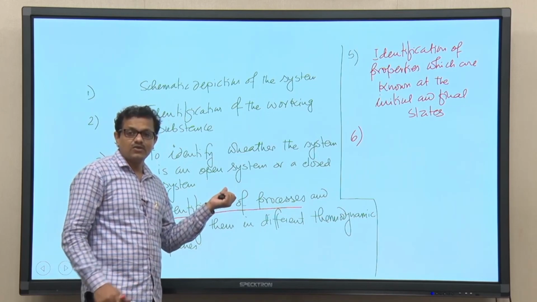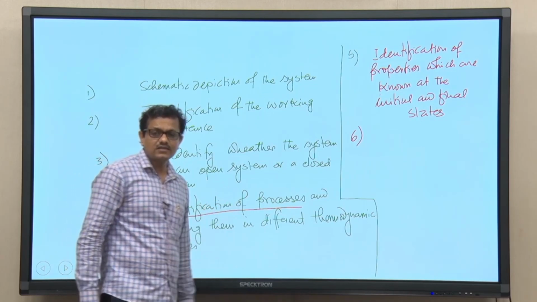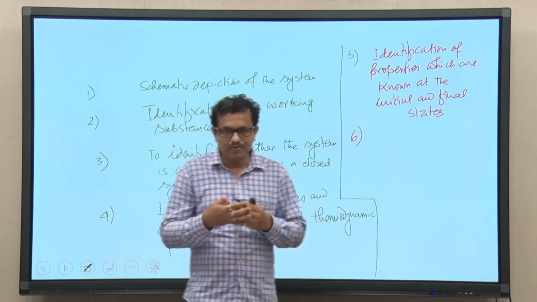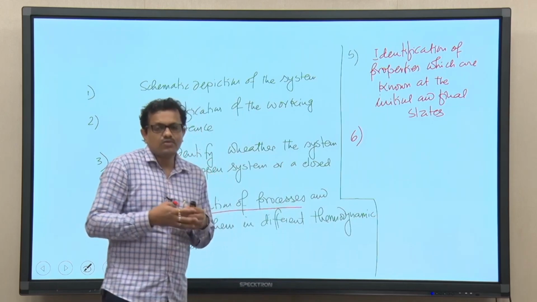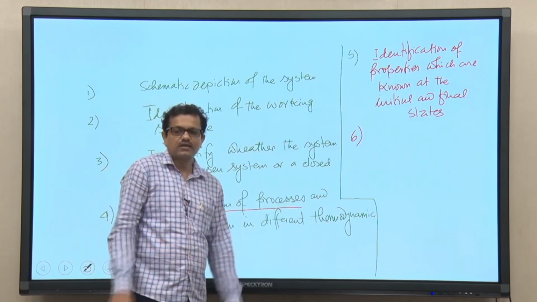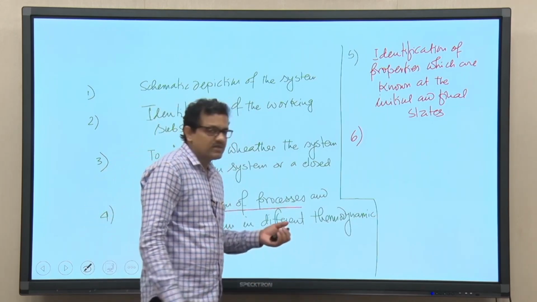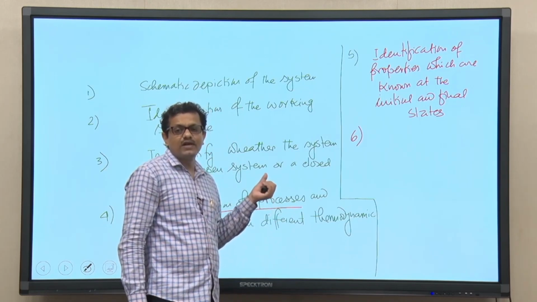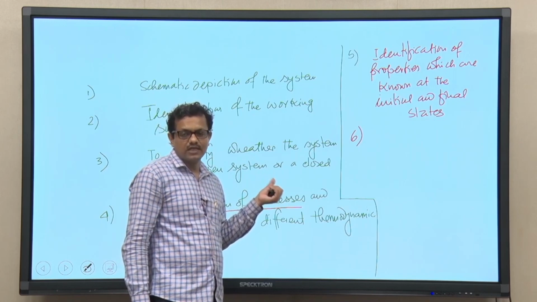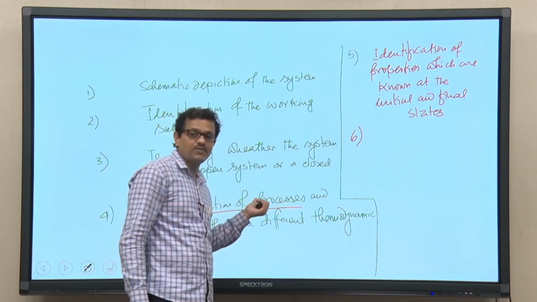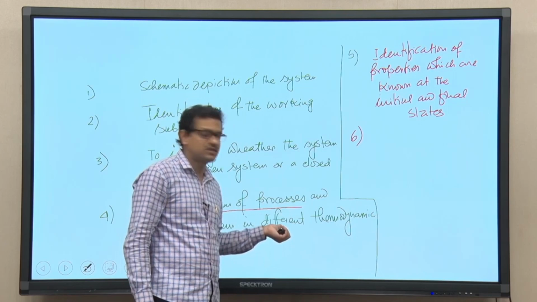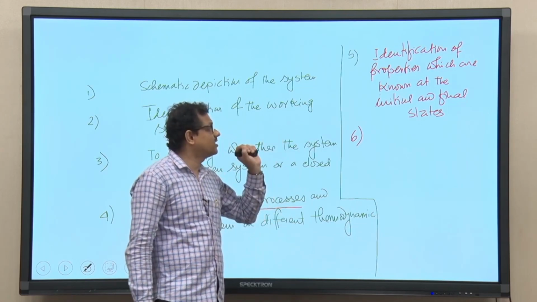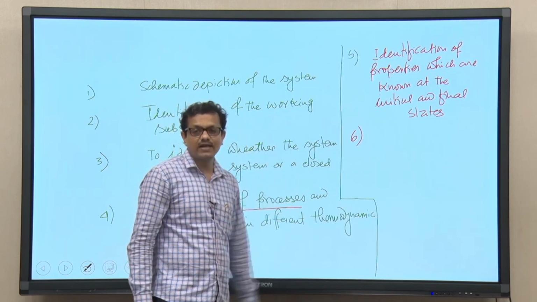Someone should know any particular property or properties, which will depend on the system, to know whether it is remaining constant throughout the process. If we know it, we can identify the process and then map the process in the PV plane. The next task is identification of properties which are known at the initial and final state.